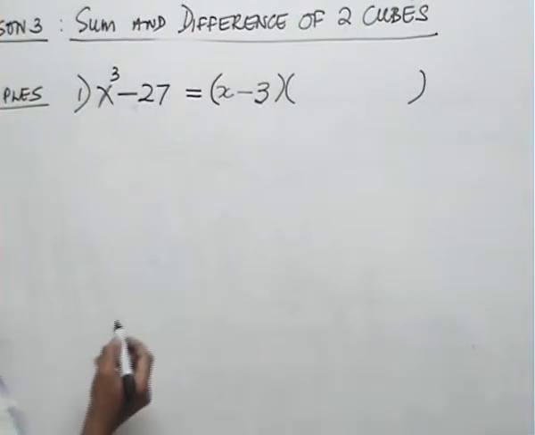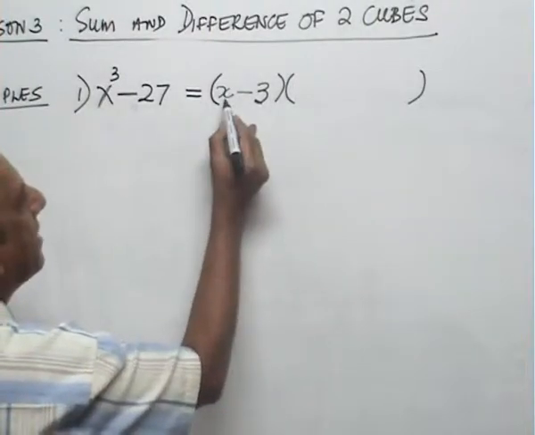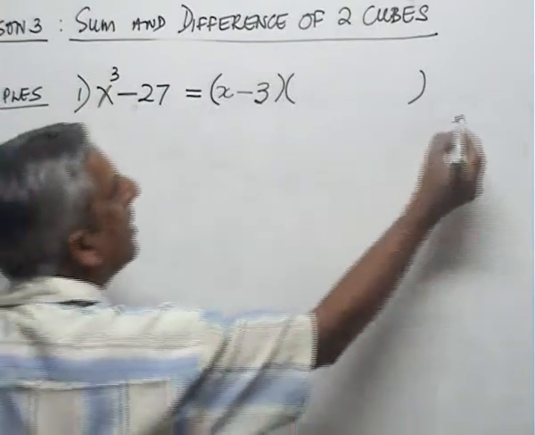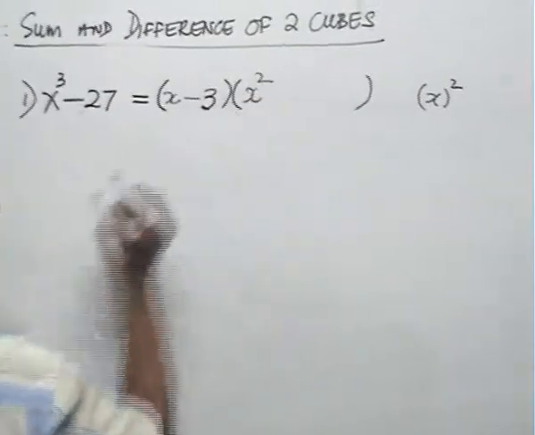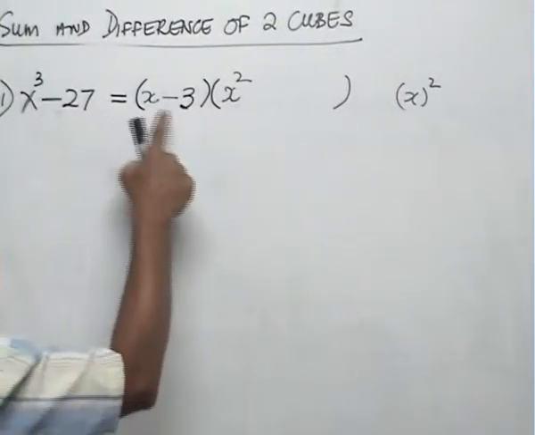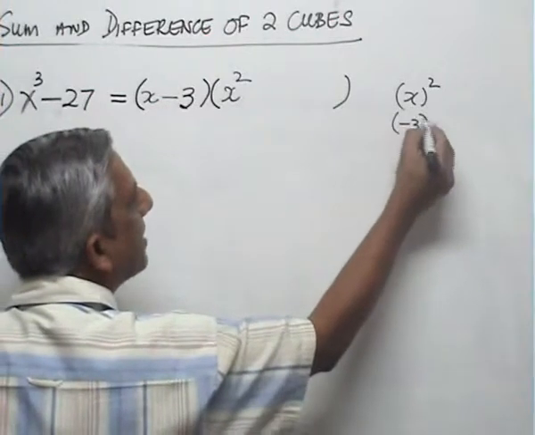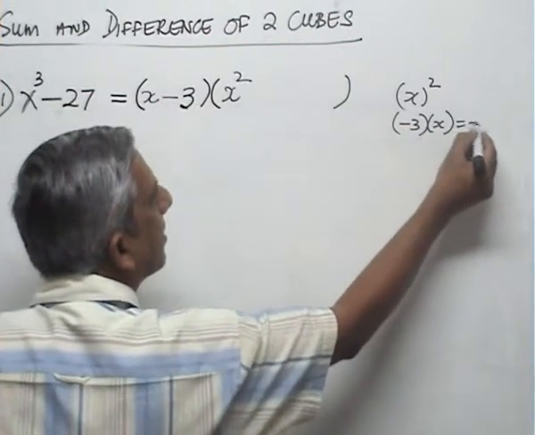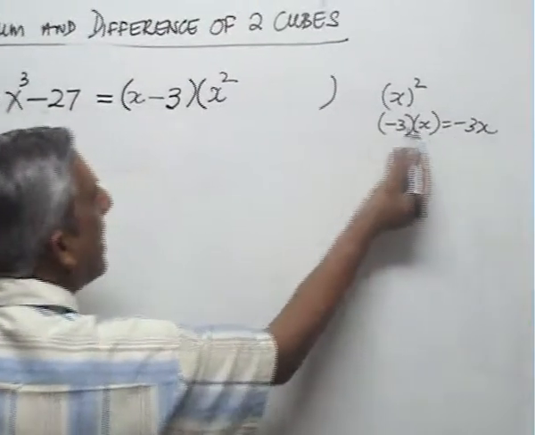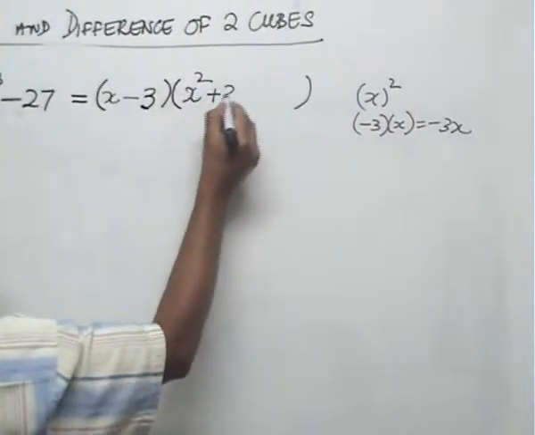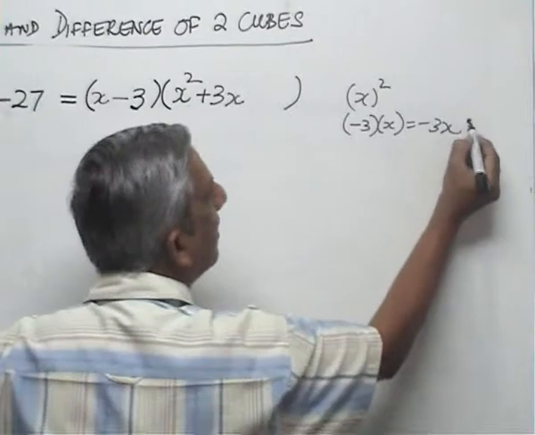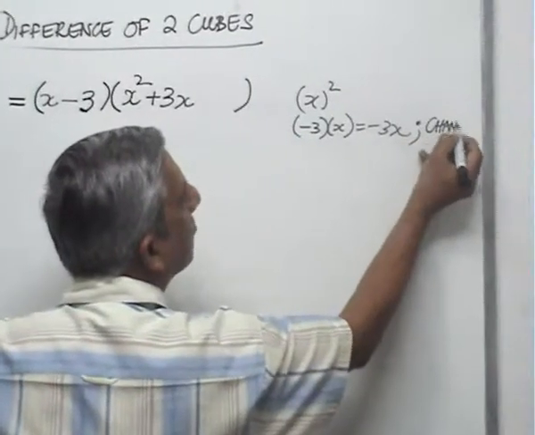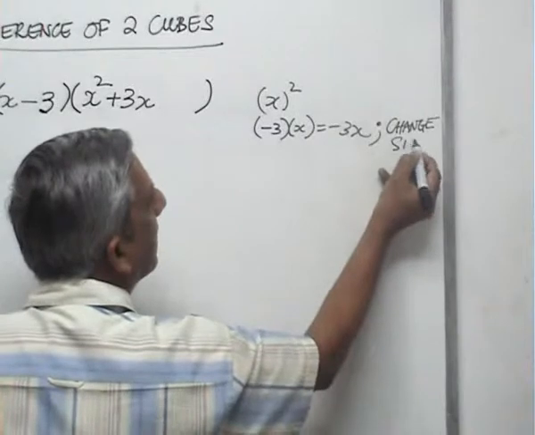Now for the next bracket, there's 3 steps. Step 1, take this x and square it. So you'll get x squared. Then multiply these 2. Minus 3 times x. You got minus 3x. But write it here with the opposite sign. So you'll write plus 3x. Change sign.